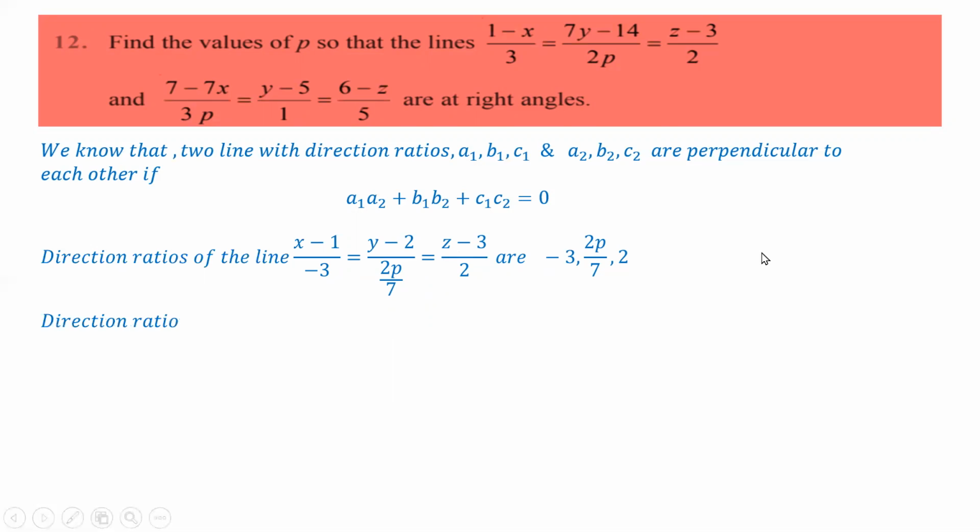For the second equation, take 7 common from the numerator and divide the denominator and numerator also. So x minus 1 by minus 3p by 7, y minus 5 by 1, and z minus 6.